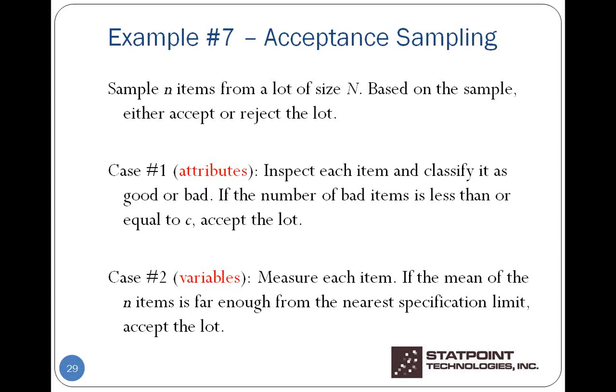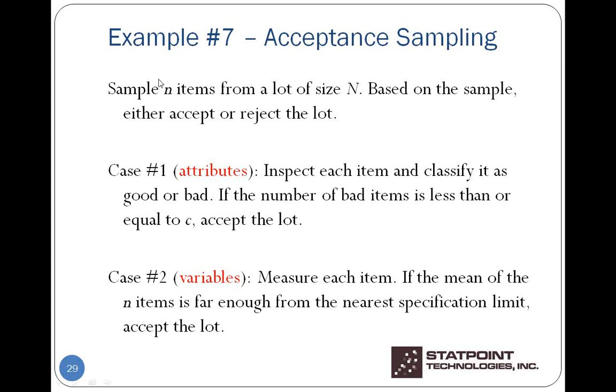Now, Statgraphics will handle 2 different situations. We can do acceptance sampling by attribute or acceptance sampling by variable. In the case of attribute sampling, you basically take little n items, inspect each item, and classify it as either good or bad.